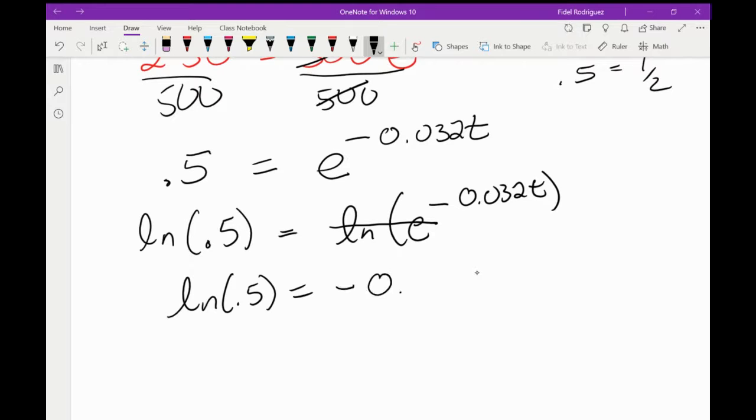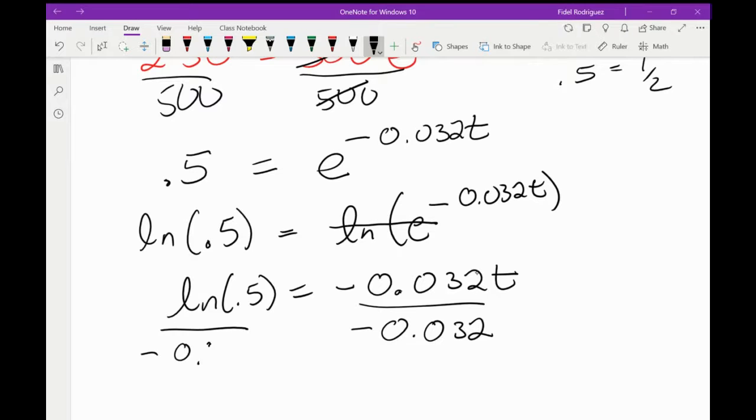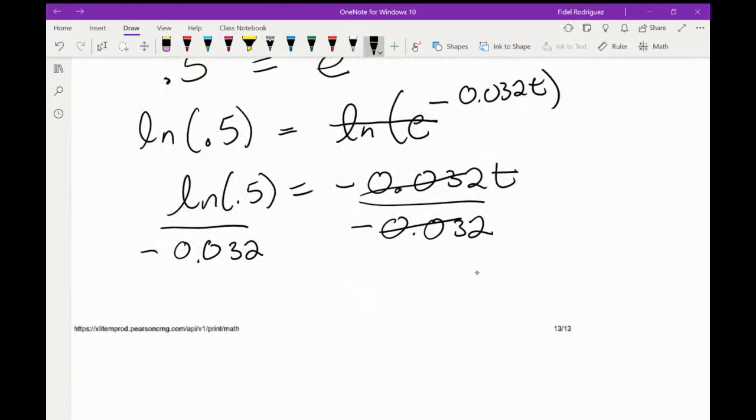And this just leaves me with a negative 0.032 t. And since we are trying to solve for the letter t, I'm going to divide both sides by the negative 0.032. Now, guys, I want you to notice something. I haven't used my calculator yet, right? Okay. Now, this last step is when I'm going to use my calculator.